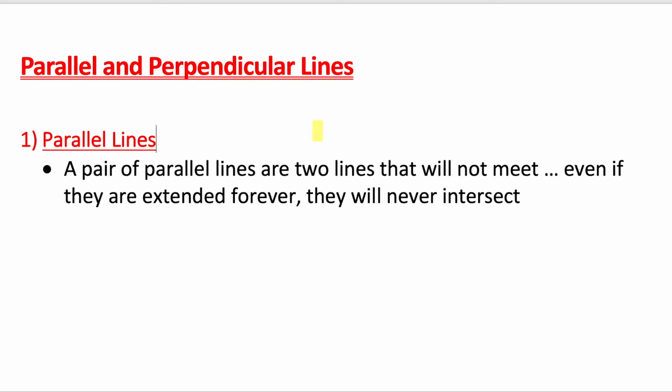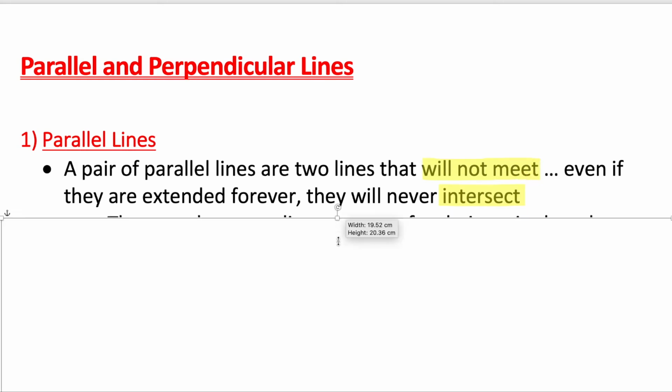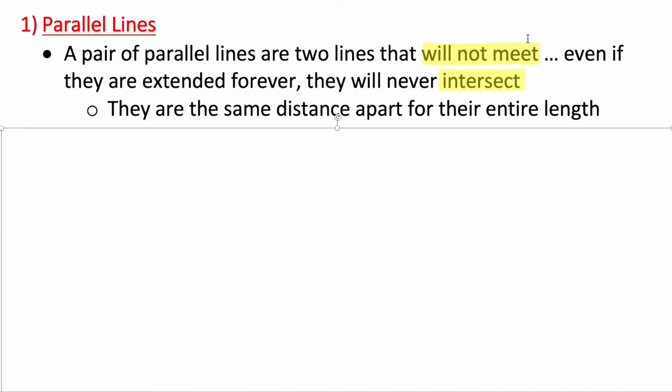This word intersection means that they're never going to cross. They will never meet, okay? This means that they are the same distance apart for the entire length.